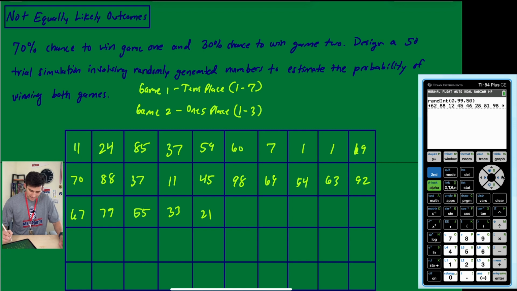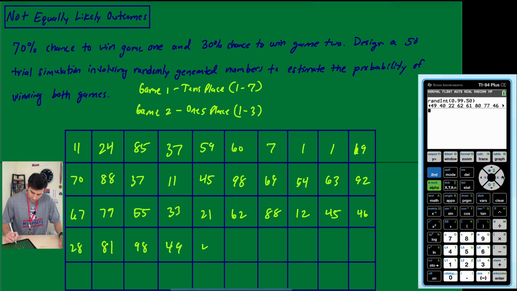Okay, so now we have 62, 88, 12, 45, 46, 28, 81, and 98. Let's arrow over, get past 98. Okay, 49, 40, 22, 62, 61, 80, 77, 46.